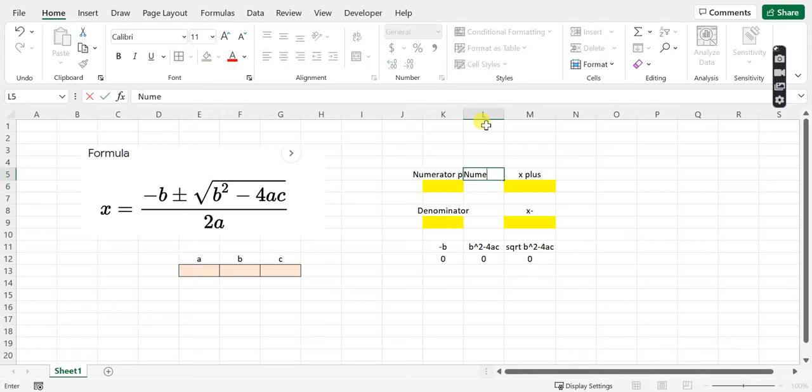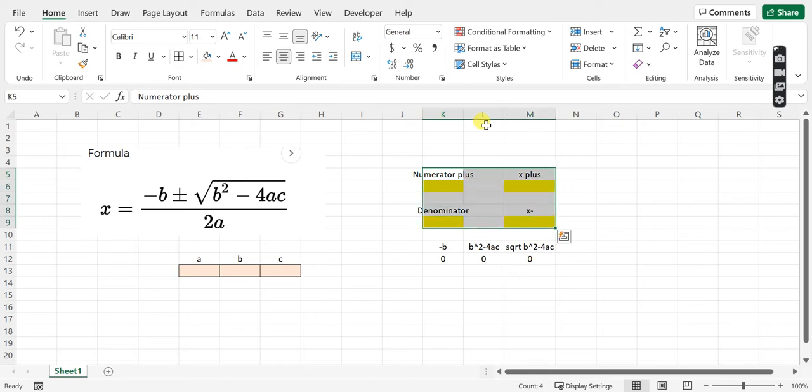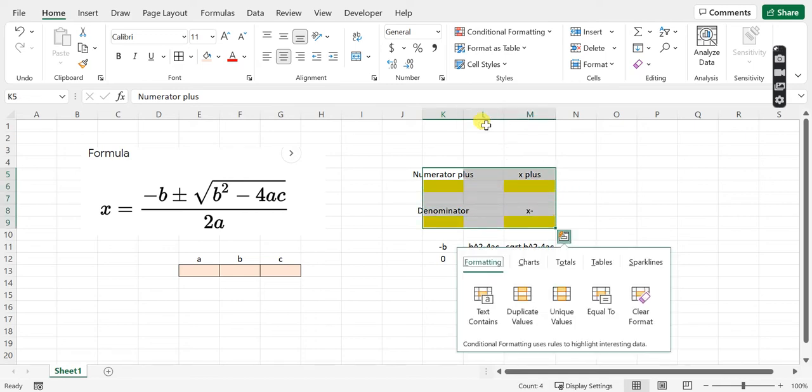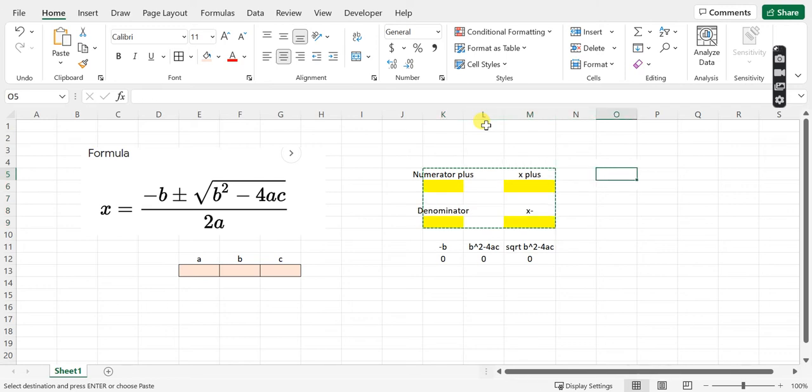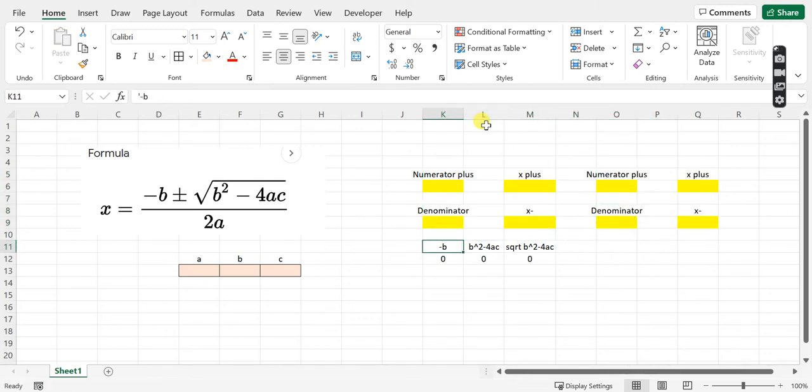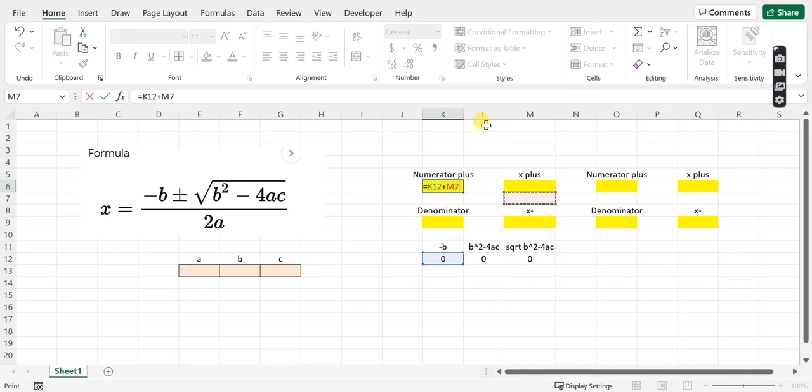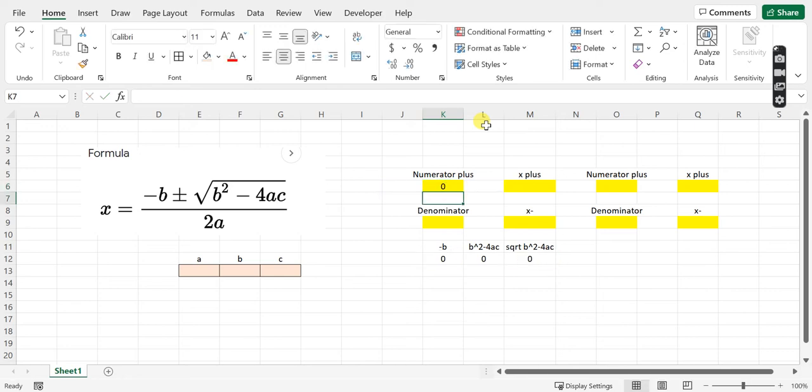So we'll go numerator. Actually, what we'll do, we'll just copy it over here. So for numerator plus, it will be the minus b plus the square root of b squared take 4ac. There's that one.